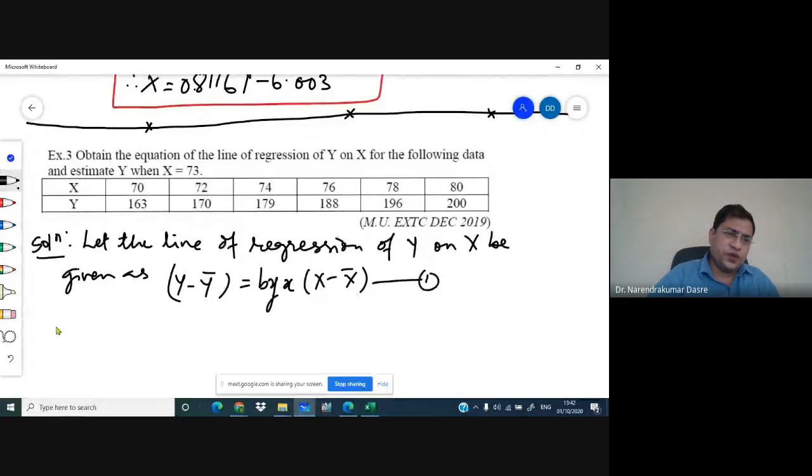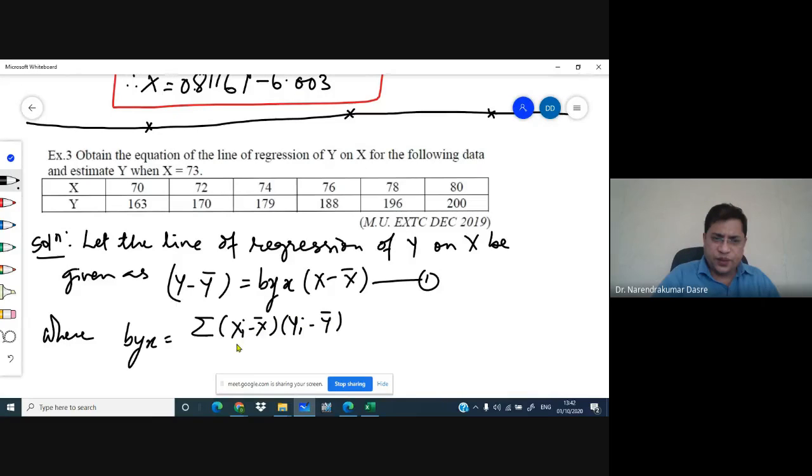Let this be equation 1, where byx is equal to summation of xi minus x bar times yi minus y bar upon summation of xi minus x bar squared.